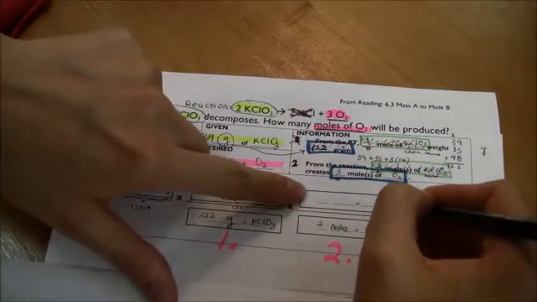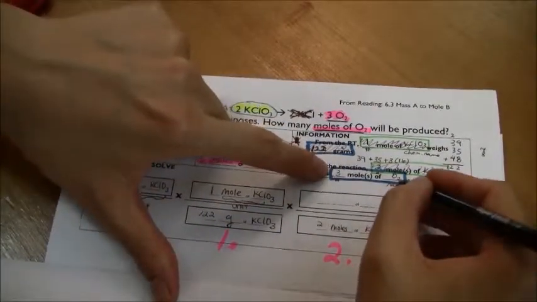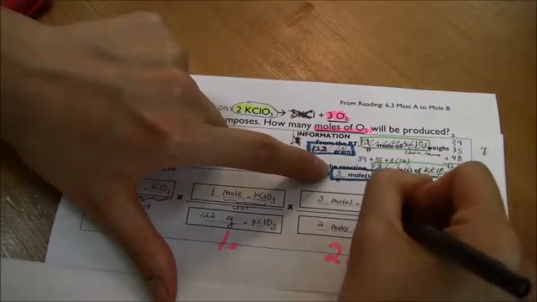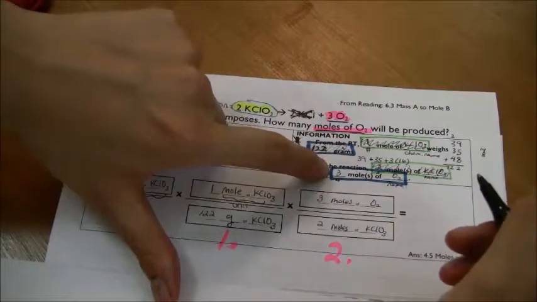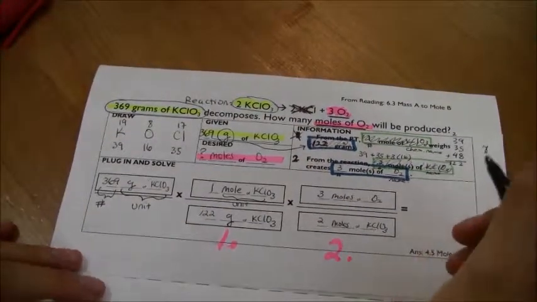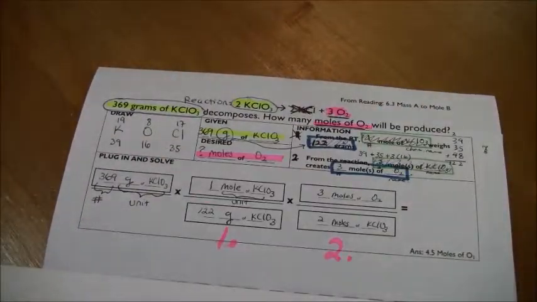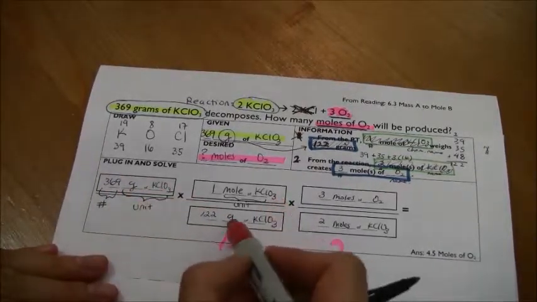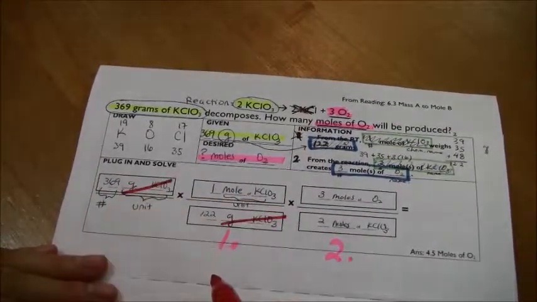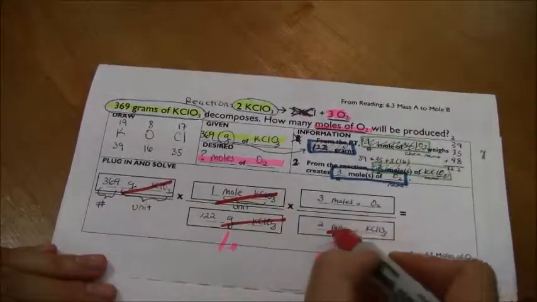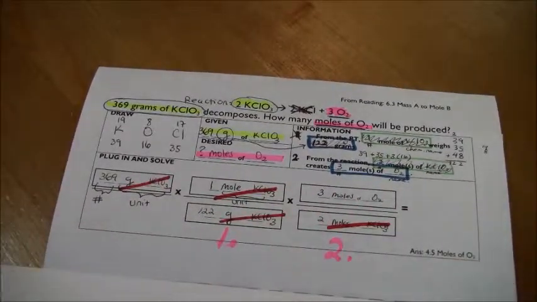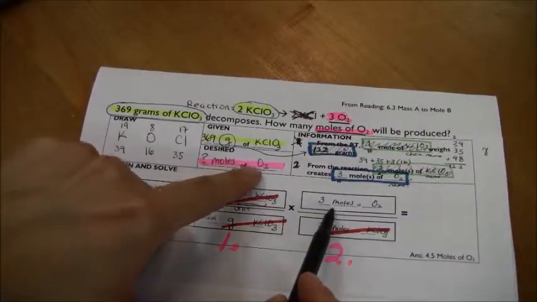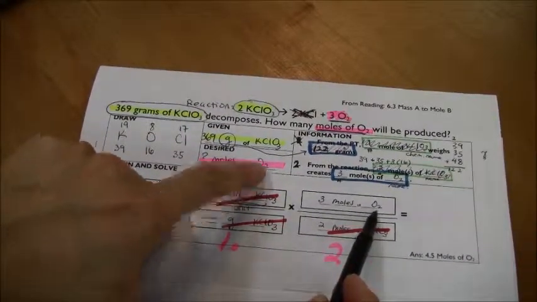And the last number we have to use is the remainder part of the information, 3 moles of O2. So now let's double check if all our units are going to cancel out. We have grams of KClO3. These match. And so do these. Let's double check. Are these units the same? Yes, they are. Moles of O2, moles of O2.